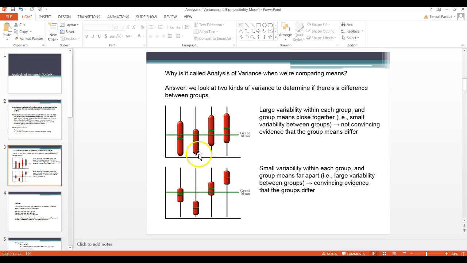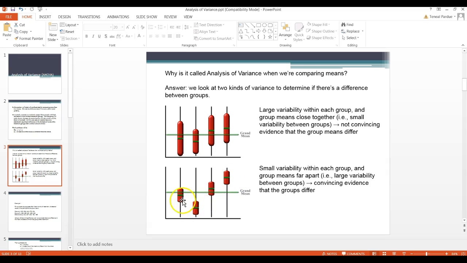That's not going to be very good evidence that the group means are different from each other, because it looks like they overlap a lot. In the second graph, we've got 4 groups where there's a big difference between the means. In other words, a large between-group variability.